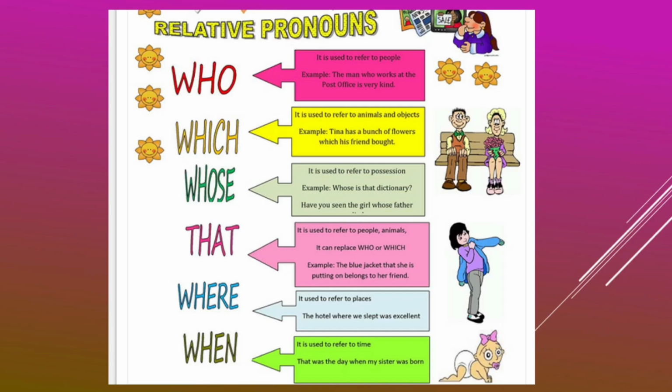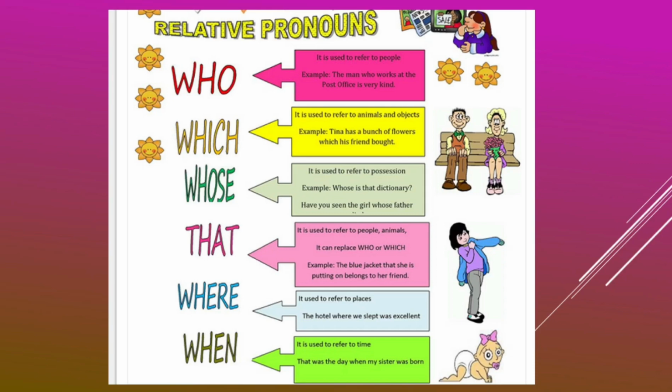Now, the third one we have over here is whose. Well, the words whom and whose often refer to possession.